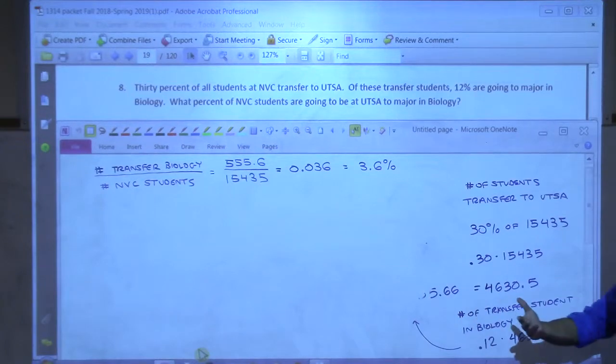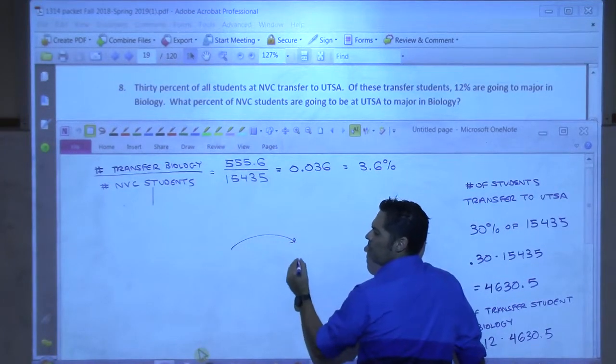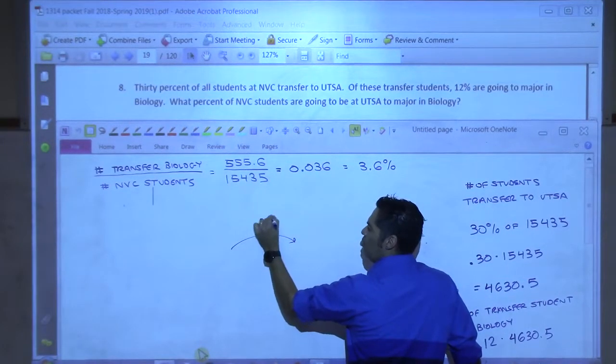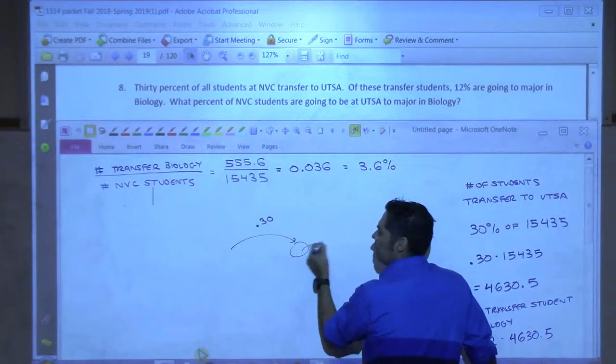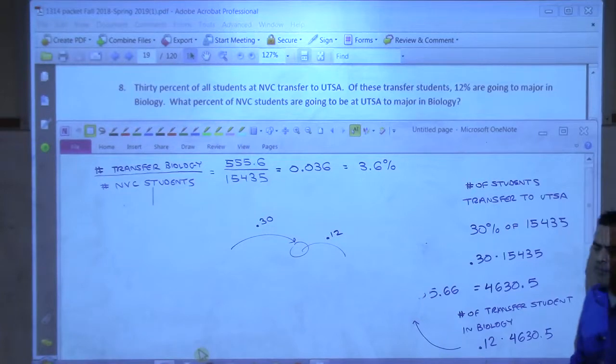Does that make sense? Now, I wonder, could we have gotten that answer 3.6 without knowing anything other than the percentages? Watch this. We had what percentage transferred over? 30, right? And then what percentage of that group went into biology? 12. What happens if I take those and multiply them? You get 3.6.